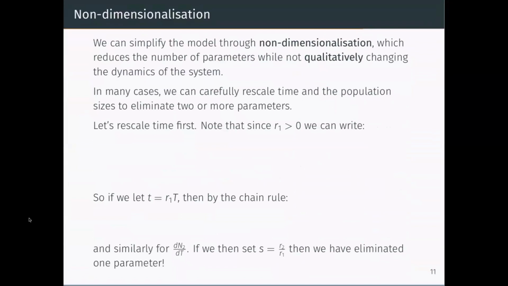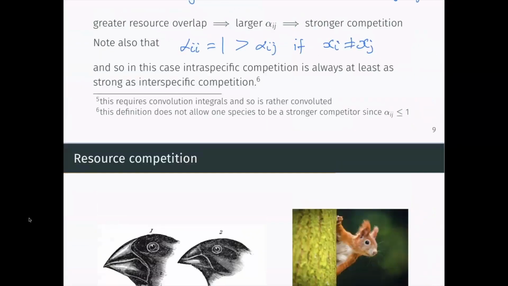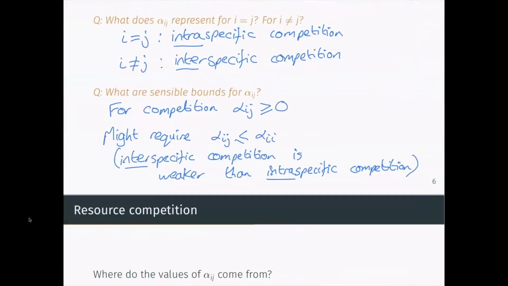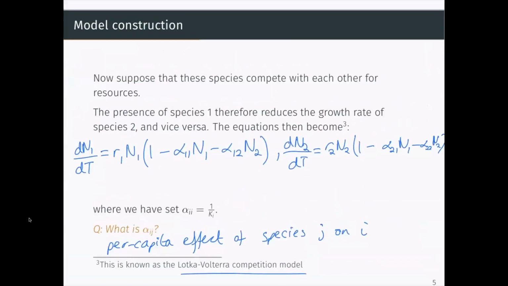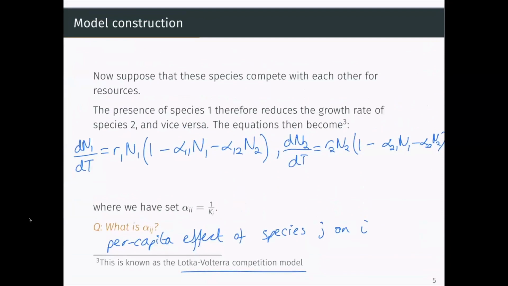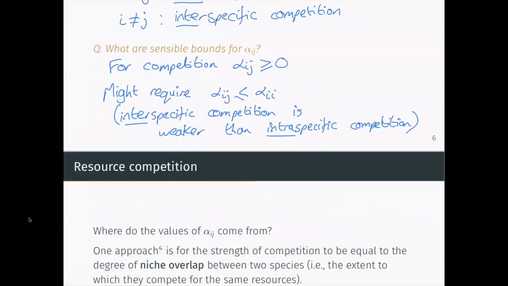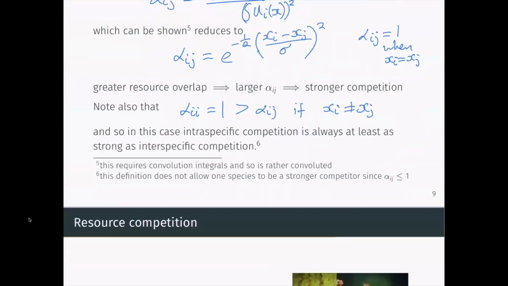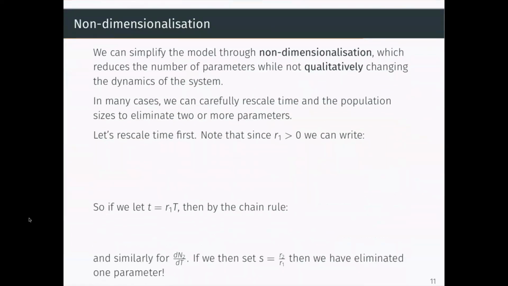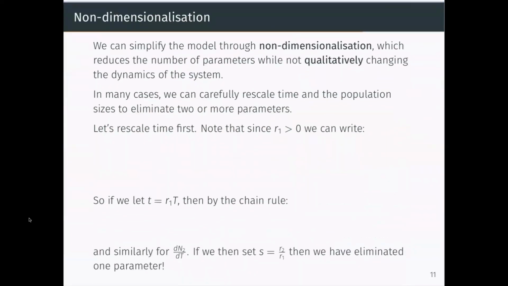Okay, let's think about how we can maybe simplify this model. So if I just go back up to the model, all the way back up here, in this model, if we count up the parameters, we have one parameter here, 2, 3, 4, 5, 6. Okay, 6 parameters. So that's quite a lot of parameters to work with. But we can use a process known as non-dimensionalization to try to make our model simpler.